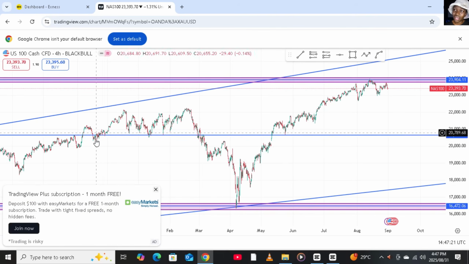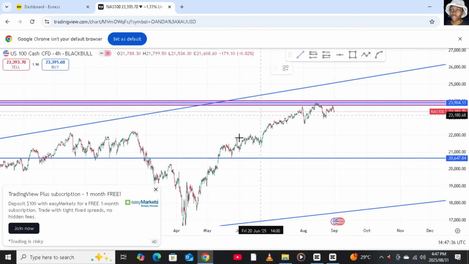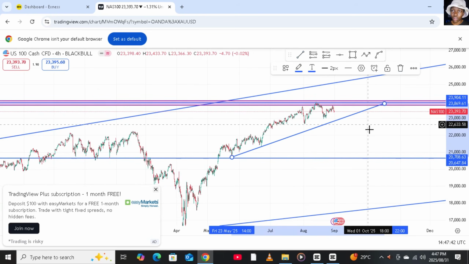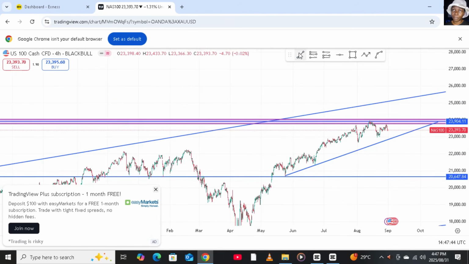The market played on this line and actually respected it. It's a breakout, retest on this line, and a buy. So I would say this line is valid for me to draw a trend line. So I'm going to draw a trend line starting from this low right here, and then just like this, right?